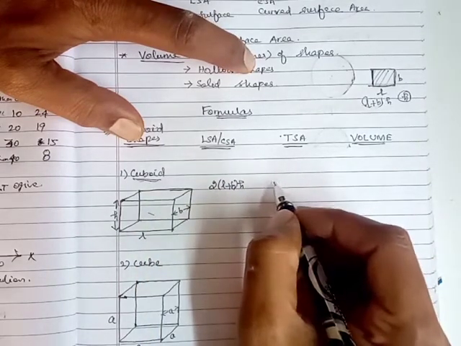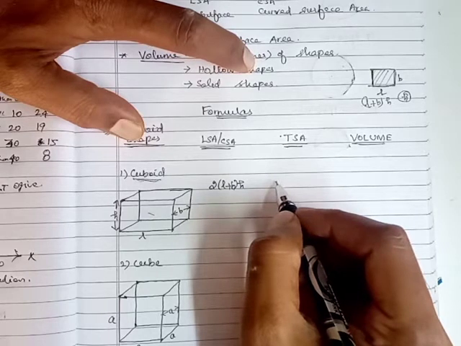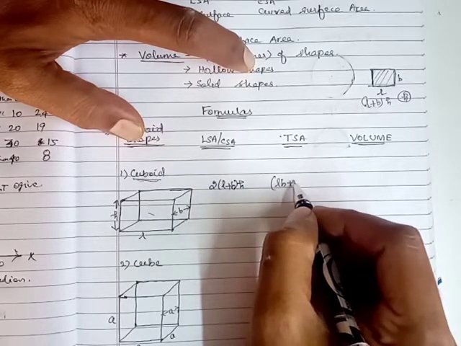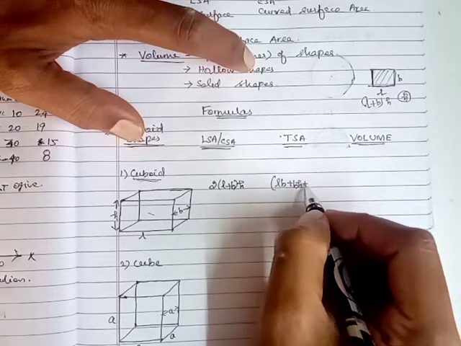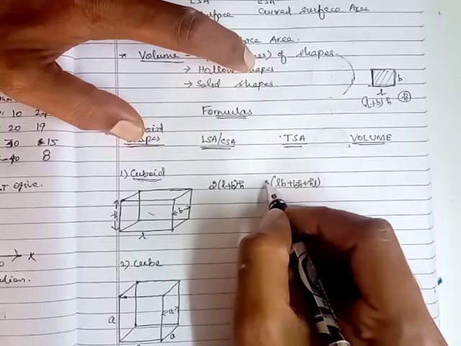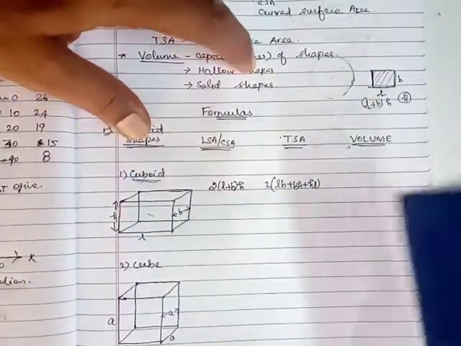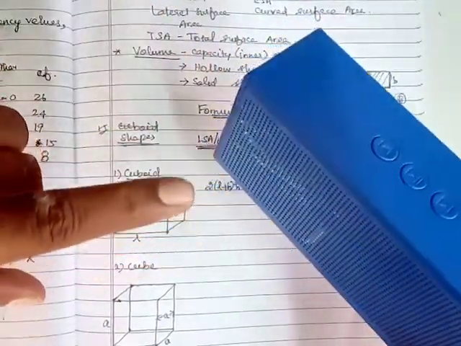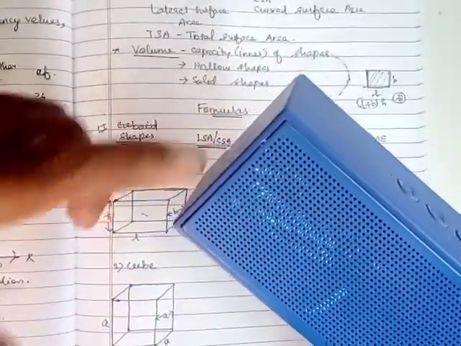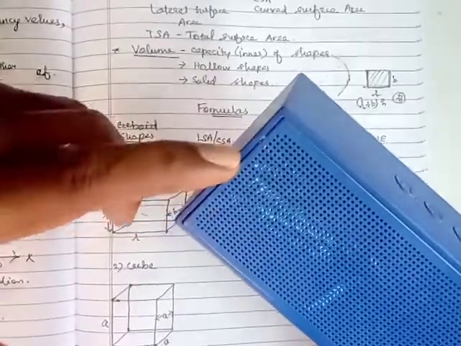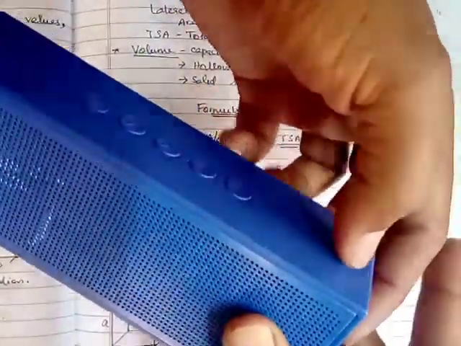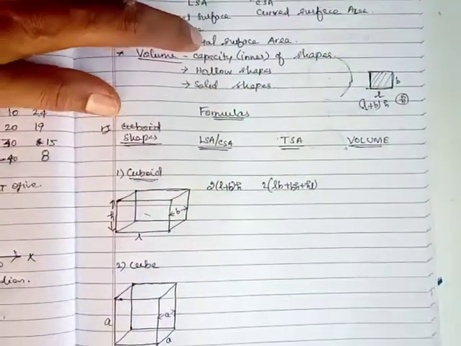For TSA, the total surface area, it is length into breadth plus breadth into height plus height into length. We have to multiply this by 2 because we have two portions of each.